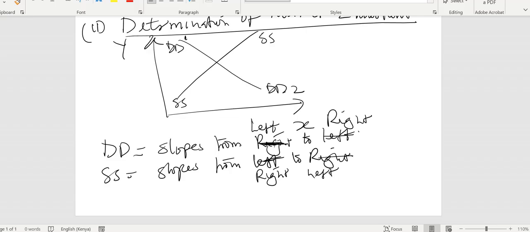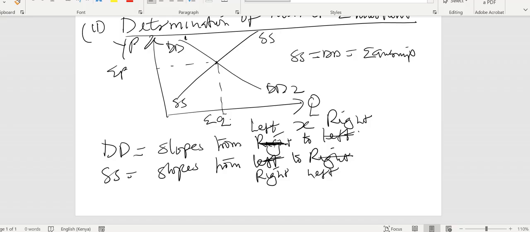Right to left. Now, when you have these dotted lines, this is quantity, this is price. So my equilibrium is a point at which S is equal to D. Good. S equals D becomes my equilibrium point. So this quantity is the equilibrium quantity, then the equilibrium price.